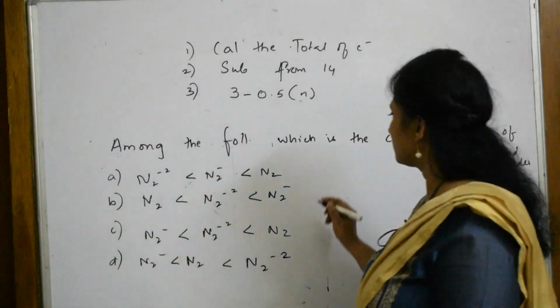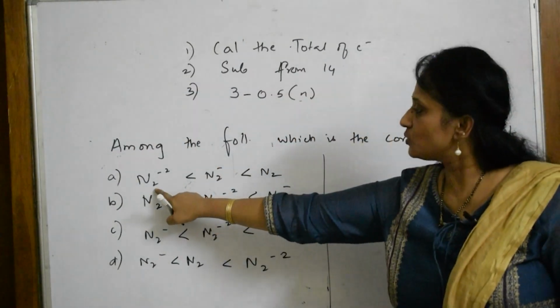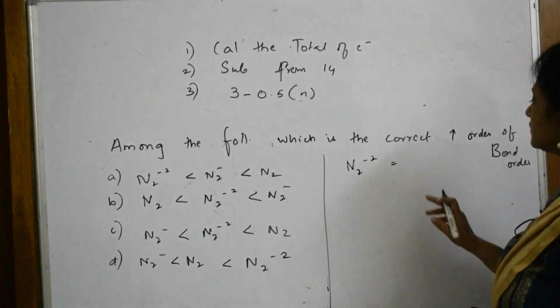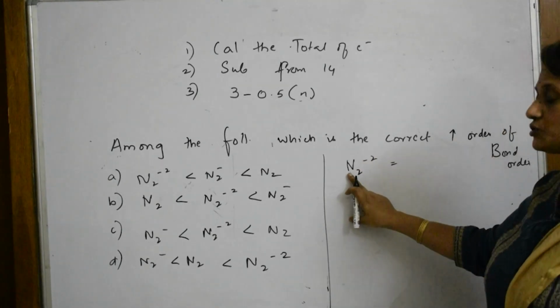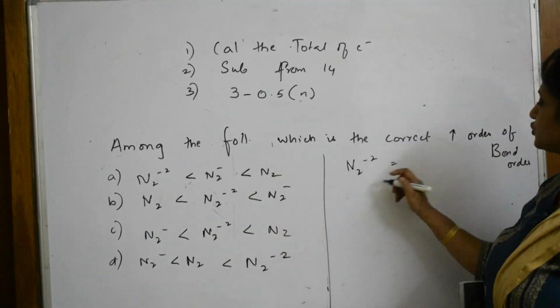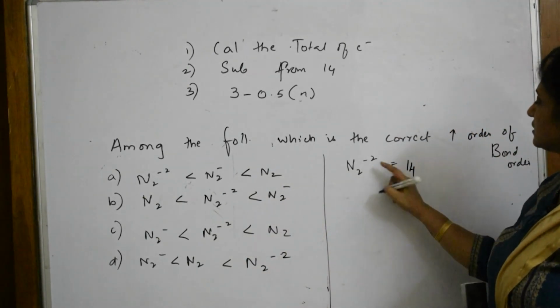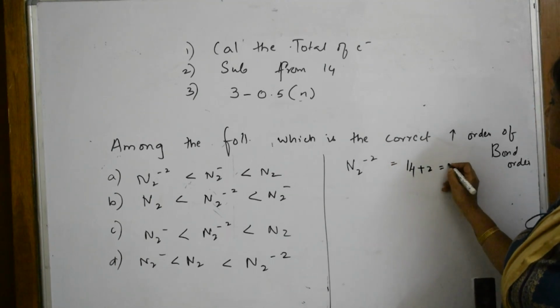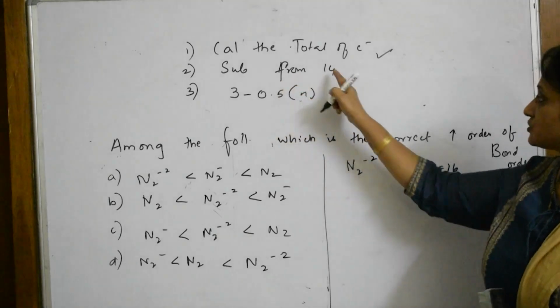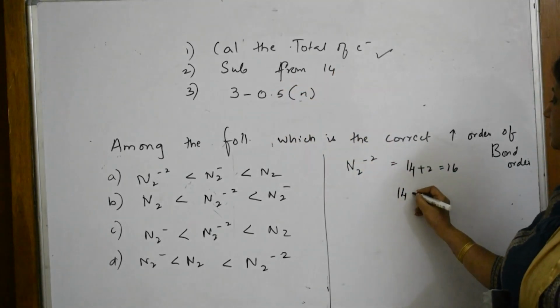Let us do what I tried to tell you. For the first one, it is N2 minus 2. What is the total number of electrons? Nitrogen atomic number 7. So 7 is the number of electrons. 7 into 2, 14. So there are 2 electrons extra. So plus 2, it comes to 16. First step is over. In the second step, you subtract it from 14. So 14 minus 16.